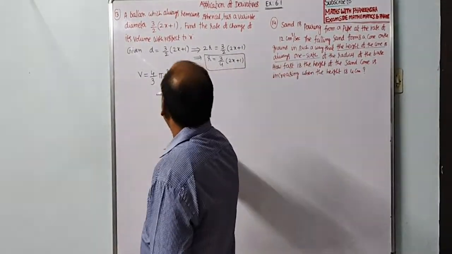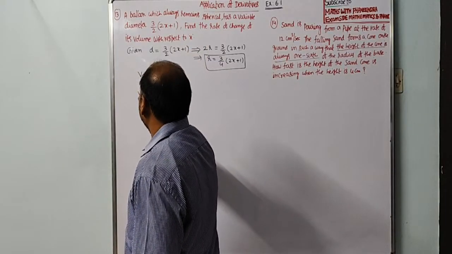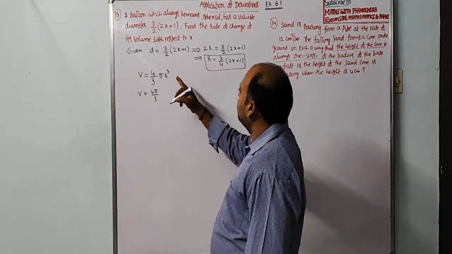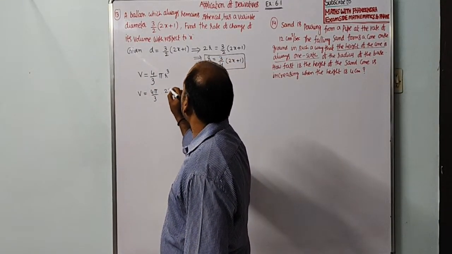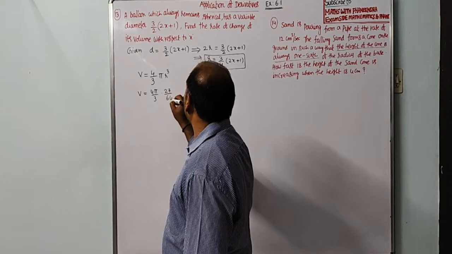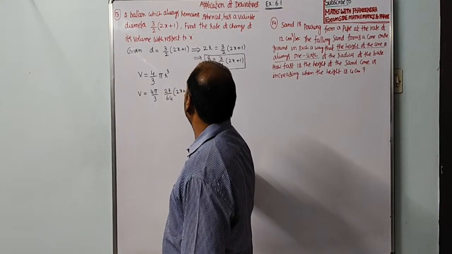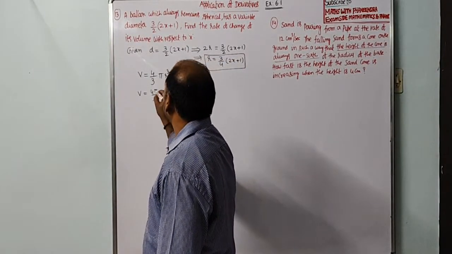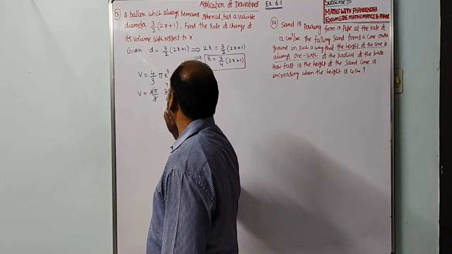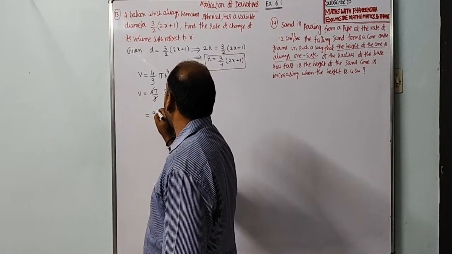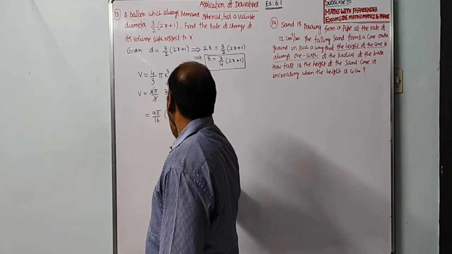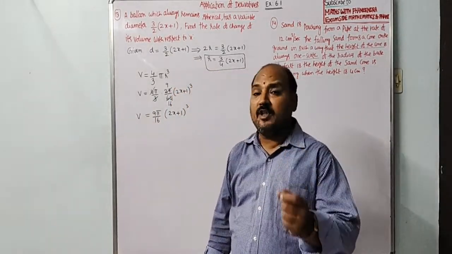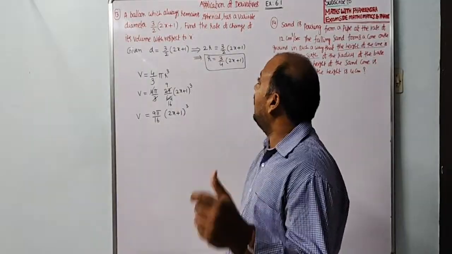So in terms of x you can calculate 4 pi by 3 into r cube. The r value we got it now. So r cube means 3 cube, 27 by 4 cube, 64, into 2x plus 1 whole cube. I think everyone understands. 3 ones are 3, 3 nines are 27, 4 ones are 4, 4 16s are 64, which is equal to 9 pi by 16 into 2x plus 1 whole power 3. This is the volume of the spherical balloon.